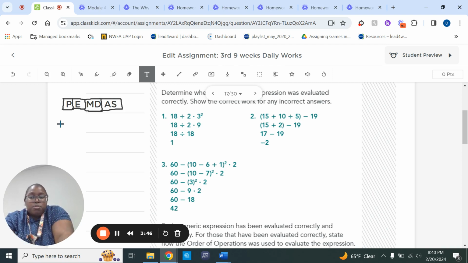If a division symbol is shown before you get to the multiplication symbol, you do that first and then you do multiplication last. Same thing with addition and subtraction. If the subtraction comes before the addition, you are to subtract first. You are not allowed to do these in the order of the letters. You are supposed to do them in reading order, and we read from left to right. Okay?